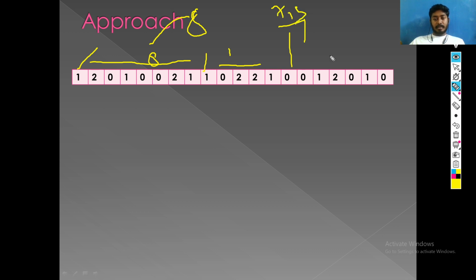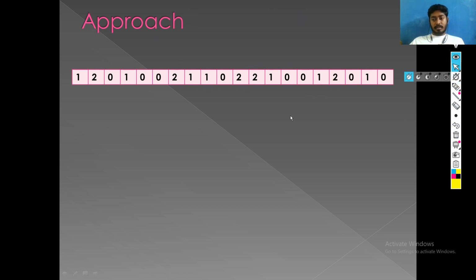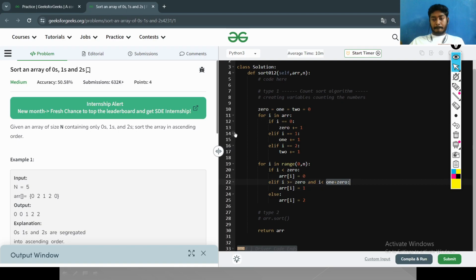This particular index contains 15, so we just have to iterate less than 15. That is the reason we give it as ones plus zeros. Now it will assign the value as 1, or else if any part comes after this, we assign that as 2. Yes guys, this is how the code works.